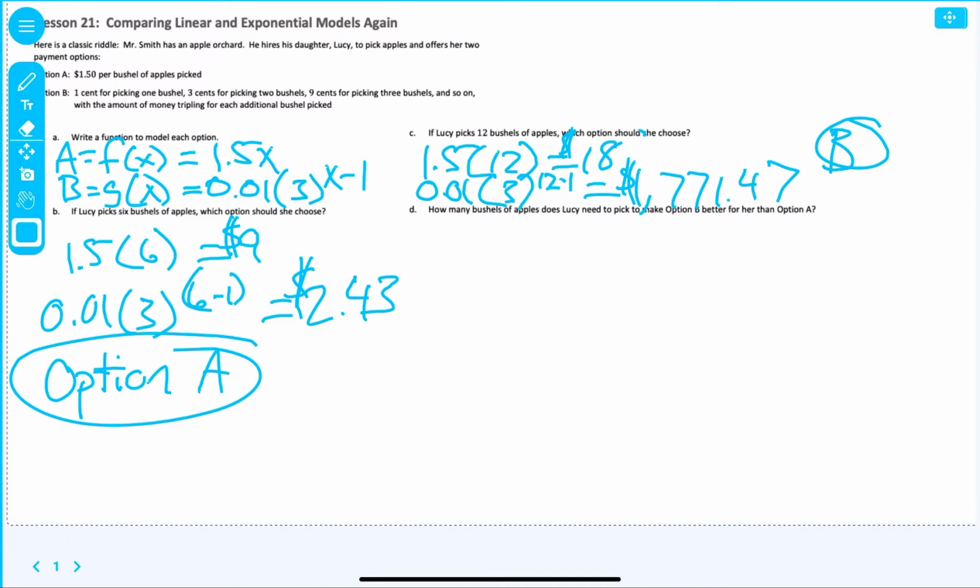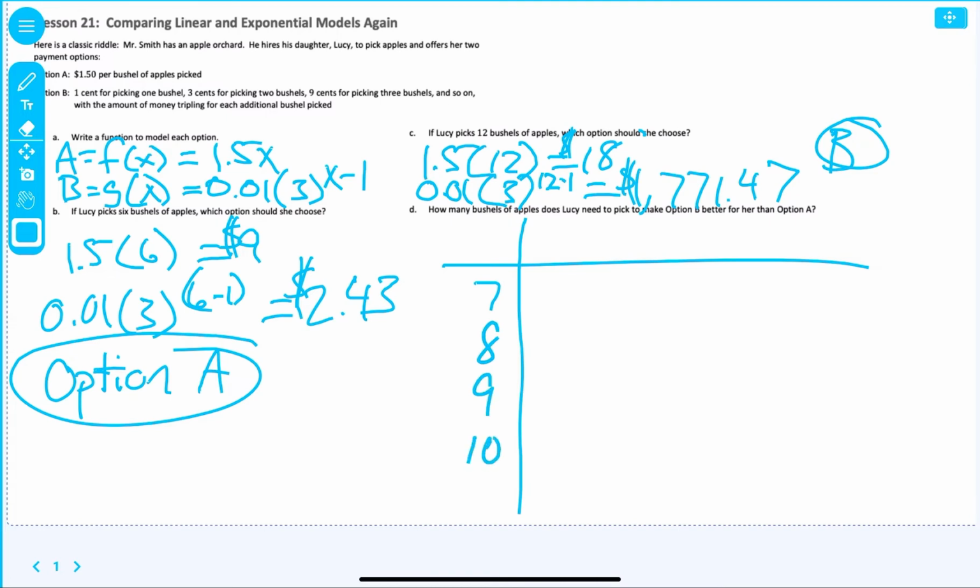That's probably going to be the best thing for you to do, just maybe do a chart and go with 7, 8, 9, 10.